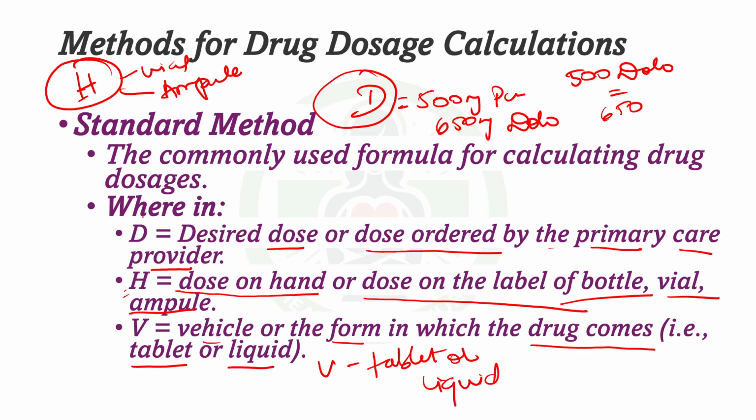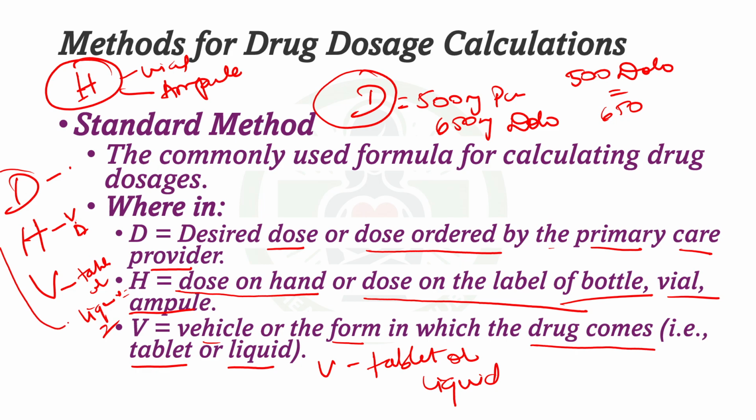So remember these three terms very clearly: D, H and V. D is what the doctor is ordering. H is the dose available to you; it can be a vial or an ampule. Then V stands for tablet or liquid. Understood?